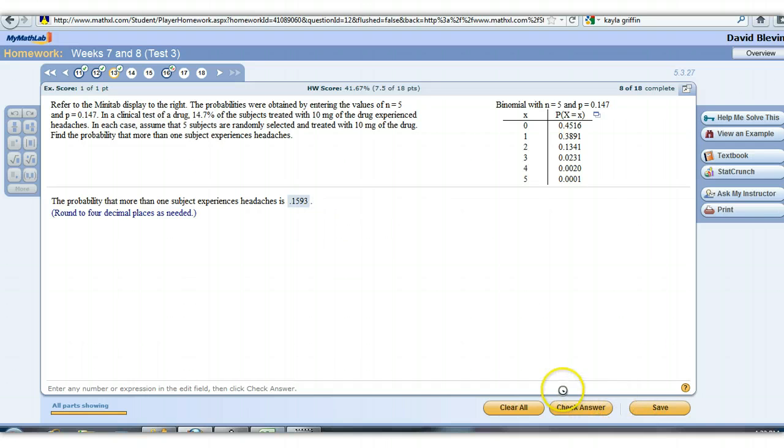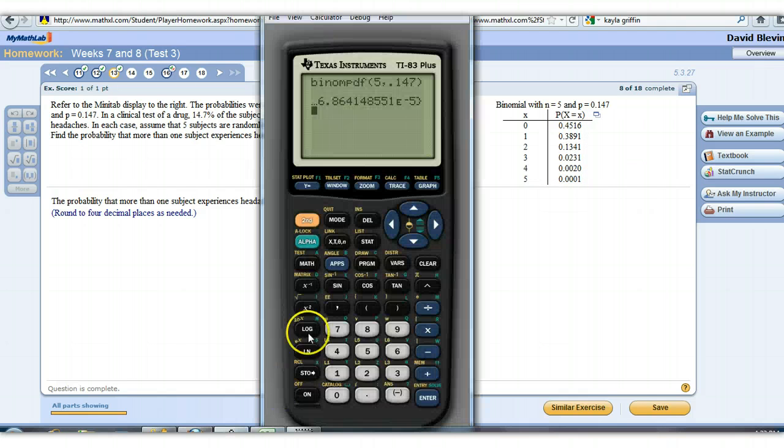Alright, now another way that I could have done that just as easily, instead of just adding these 4 numbers up, is just to recall, what do these 6 numbers have to add to? They have to add to 1. So just as easily, instead of adding the last 4 numbers together, I could subtract the first 2 numbers from 1.